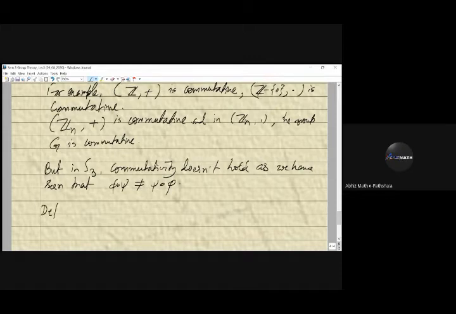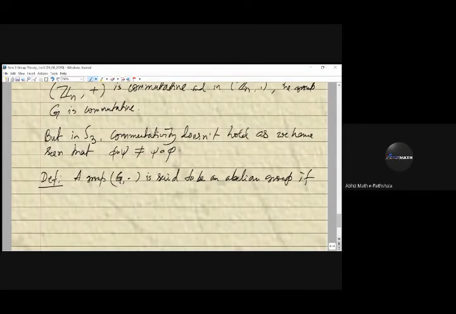So a group G dot is said to be an Abelian group if G dot satisfies commutativity, that is, dot is commutative.